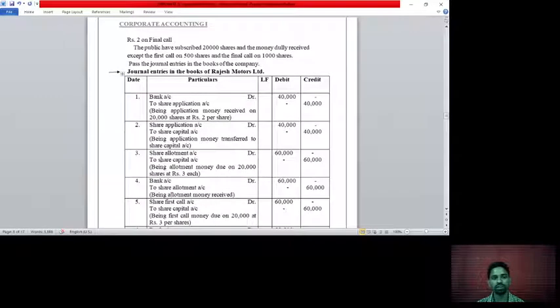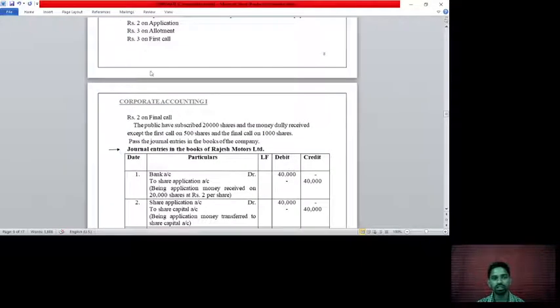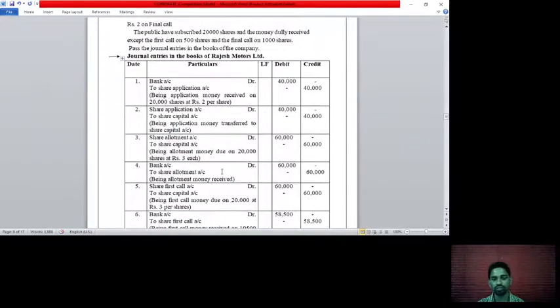Share allotment account debit rupees 60,000 to share capital account credit rupees 60,000. How did the 60,000 come? It is 3 into 20,000 shares. Next, bank account debit rupees 60,000 to share allotment account credit rupees 60,000, and the narration is being allotment money received.